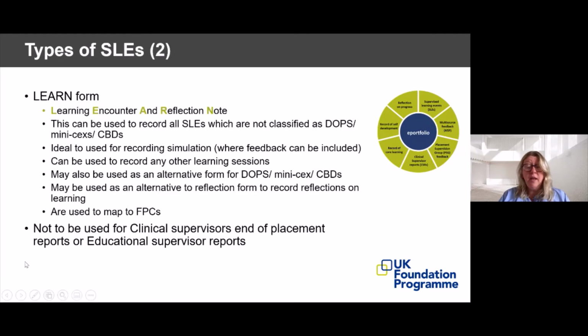Let's take a look at the Learn form. This is a form that can be found in the portfolio, both in HORAS and in TURAS. It's multi-purpose and it can be used to record any of your SLEs in place of the SLE forms such as DOPS, mini-KEX and CBD. It may be used to record your reflections.